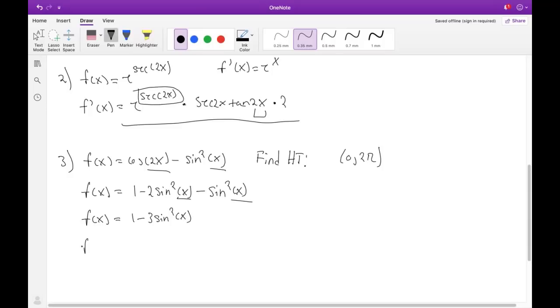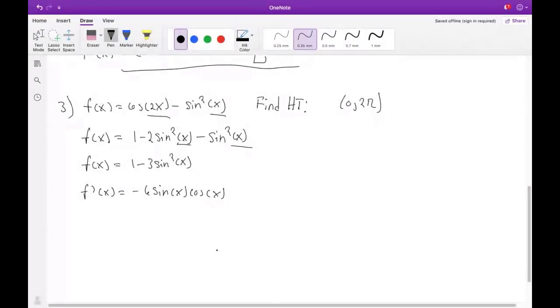Now we take the derivative and we're going to set it equal to 0. So it'll be negative 6 sine of x times cosine of x, again by using chain rule. And then from here, there's another identity you can apply to simplify it.